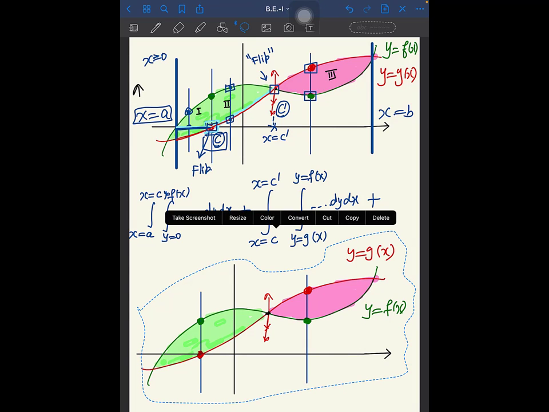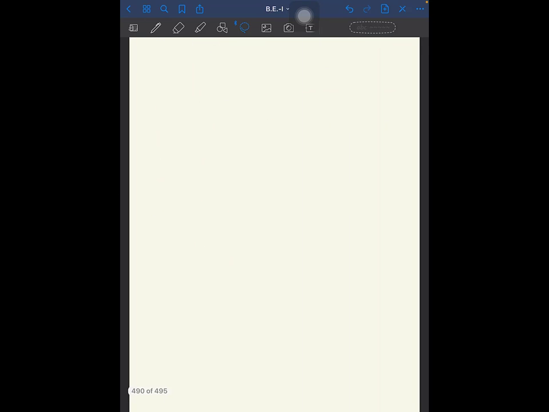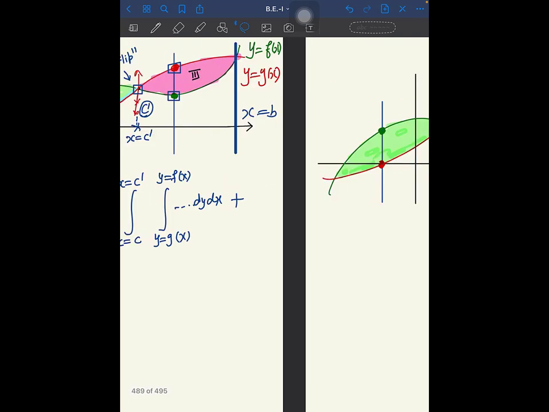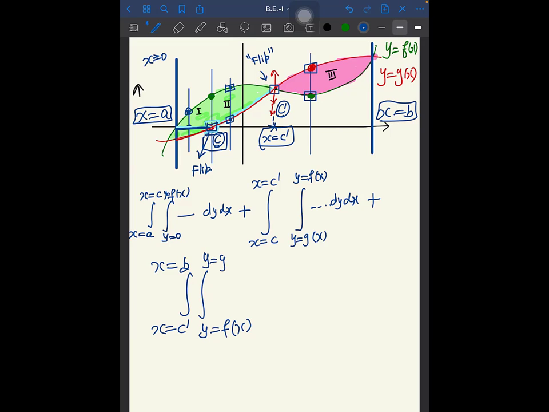So let's pick this thing to the next page. We'll discuss the second case over here. So now plus, if you take C dash to B and your y starts from the green curve to the red curve, because in this case the things have flipped.